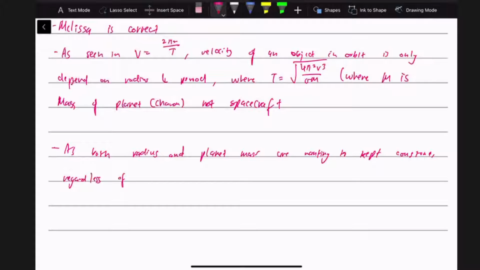So regardless of spacecraft weight, same orbit will be achieved if traveling at the same speed.